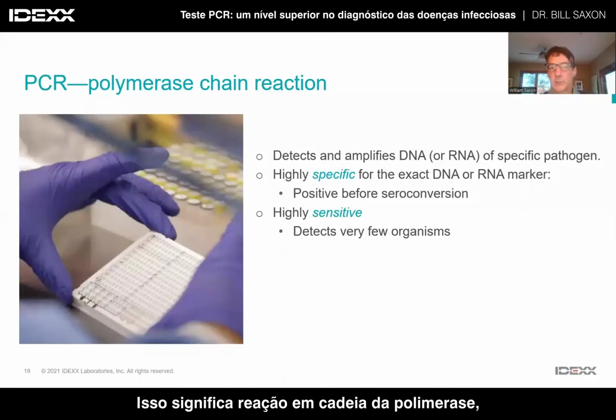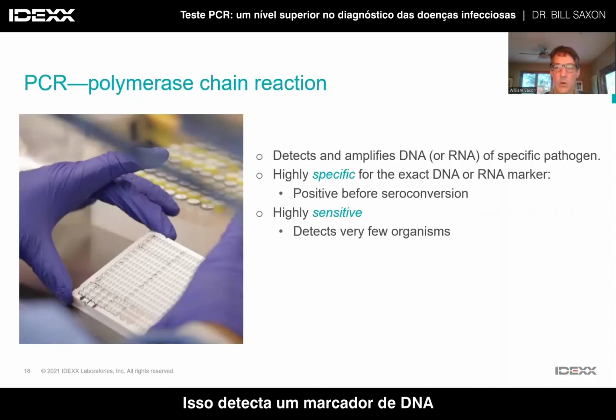So what it means is polymerase chain reaction. What this tests for are specific portions of DNA, mostly, sometimes RNA, of a pathogen. So a very, very specific, exact DNA marker is what this detects, meaning very high specificity.